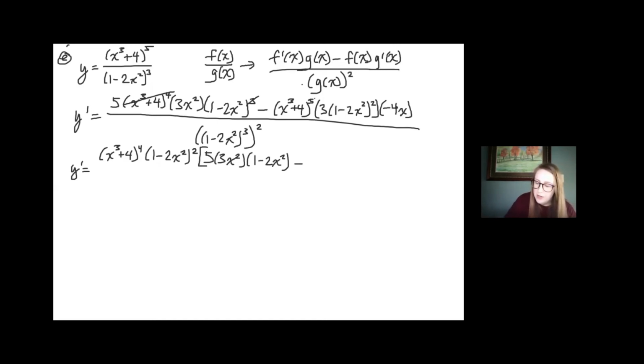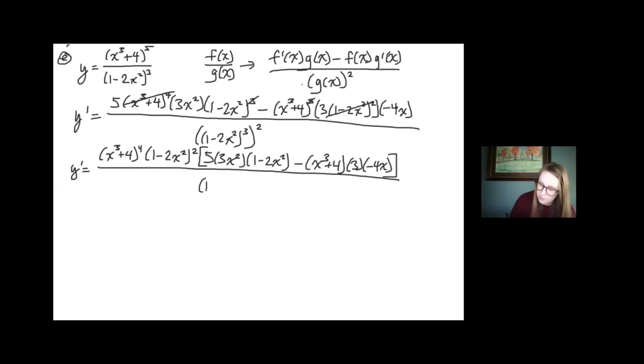Minus, we got rid of 4 out of these 5 factors of x cubed plus 4, so we're left with 1, x cubed plus 4, times 3. We got rid of both of these factors of 1 minus 2x squared, and then times negative 4x. All over 1 minus 2x squared to the 6th, because when you raise a power to a power, you multiply.